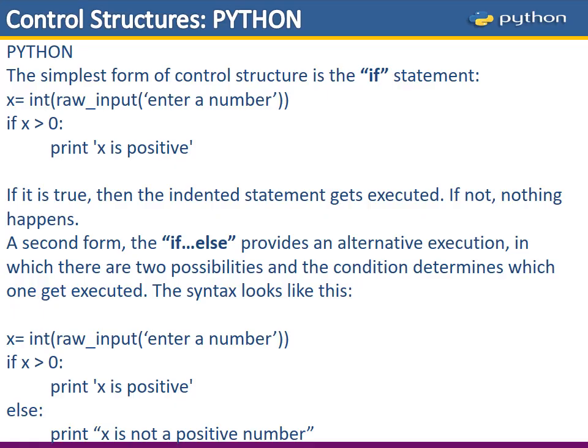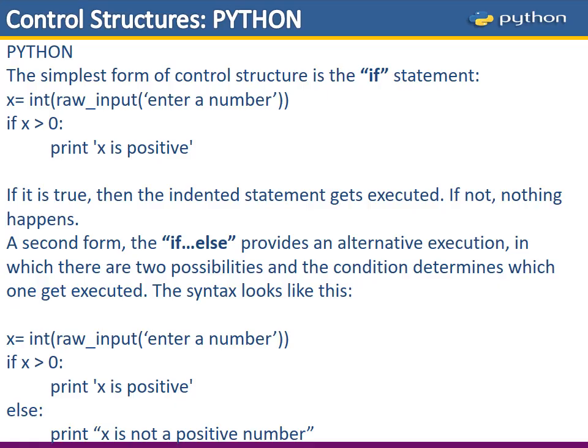The if else statement provides an alternative execution in which there are two possibilities, and the condition determines which one gets executed. So the if else statement executes one block of code if a condition is true, and a different block if the condition is false.